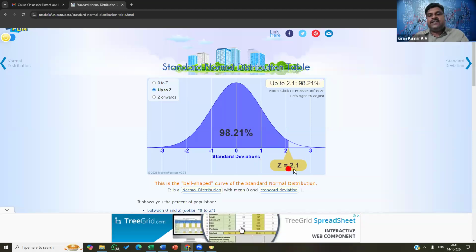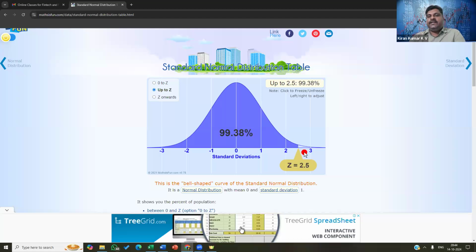If I move the Z value to, let's say, close to 2.5, what does this say? It says that 99.38% of the data falls in this range. The remaining part is your outliers, about 0.62 percent.